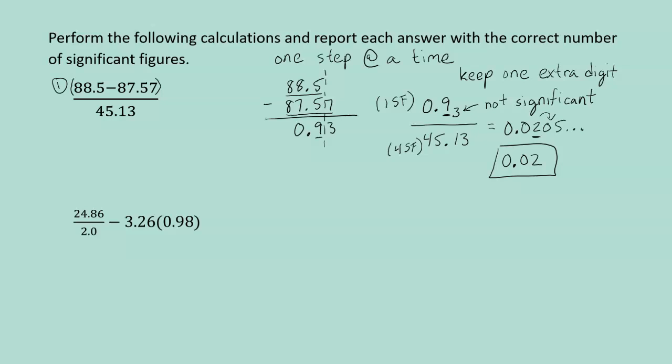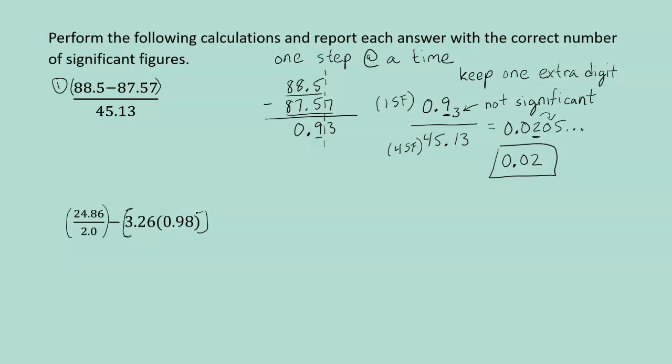Okay, last example. In this one, we've got 2 steps to do before we do the subtraction step. Our first task is to divide the 24.86 by 2.0. Then the next step is to multiply the 3.26 times the 0.098.